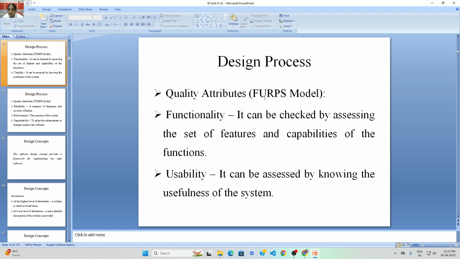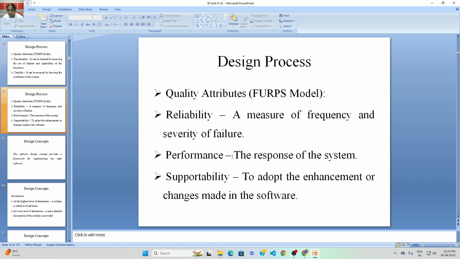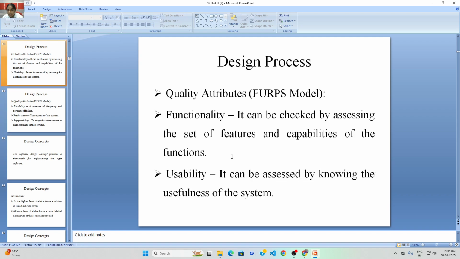Next, the FURPS model. This model is used for the design process. This is also one of the attributes: functionality, usability, reliability, performance, supportability. F means functionality. Functionality can be checked by assessing a set of features and capabilities.